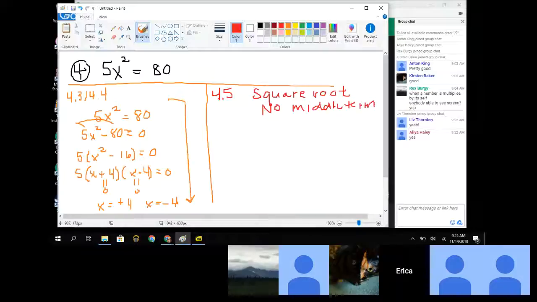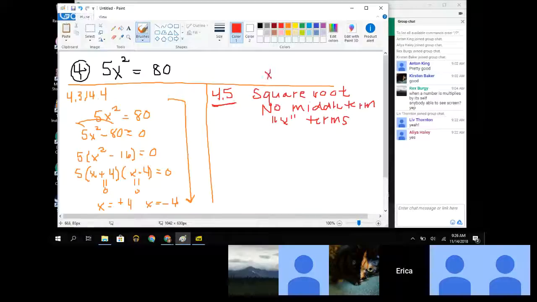So basically when there's no x term in your quadratic. This particular method is like a special case. Factoring always works as long as you can factor, right? 4.5 is using square roots, so it's kind of a shortcut method, but it only works in certain situations.